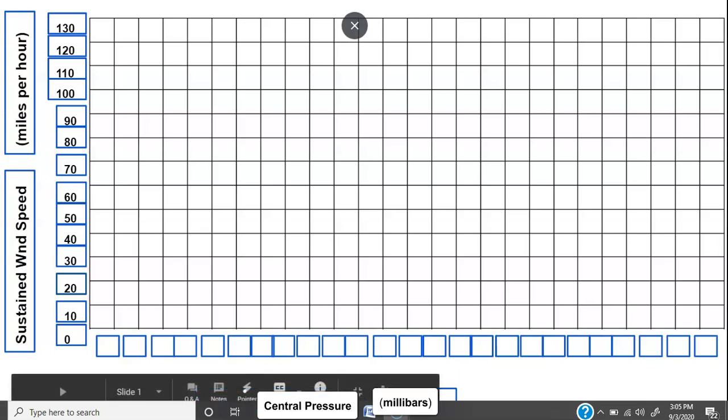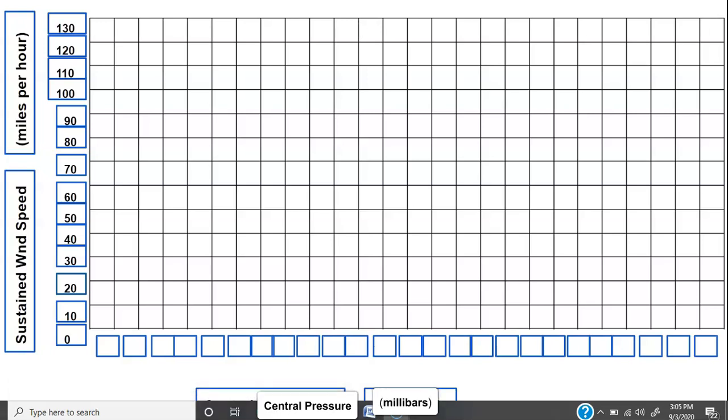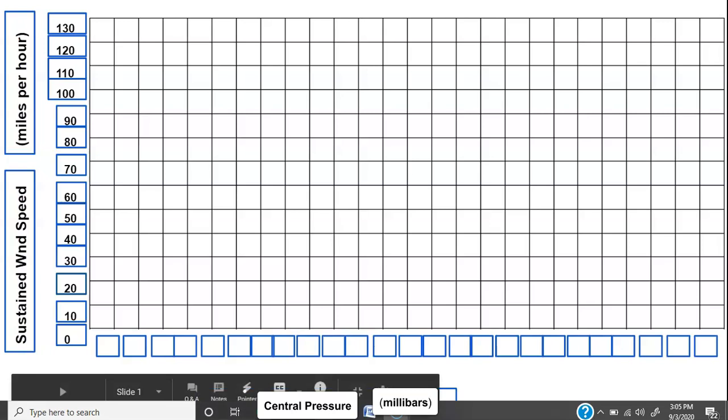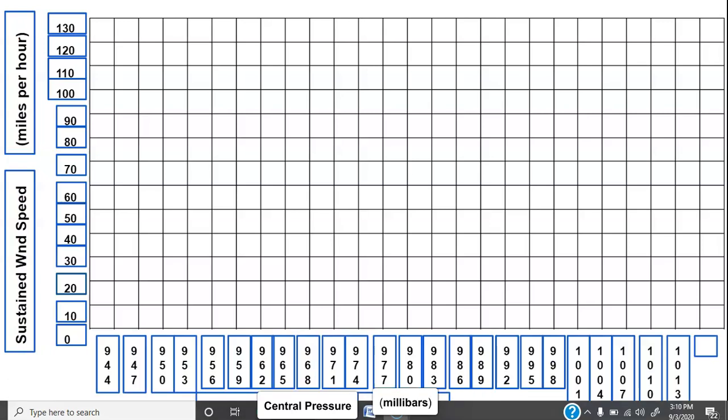I know on the bottom I have around 24 lines. So if I take 66 and I divide it by, let's say 22, that gives me intervals of 3. So I'm going to enter the pressure in intervals of 3. We'll be right back. And done.